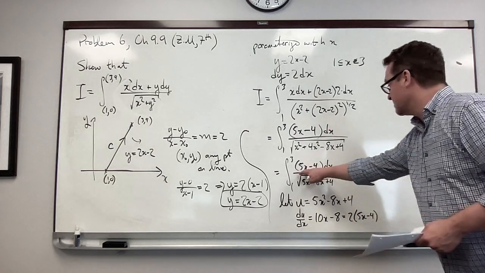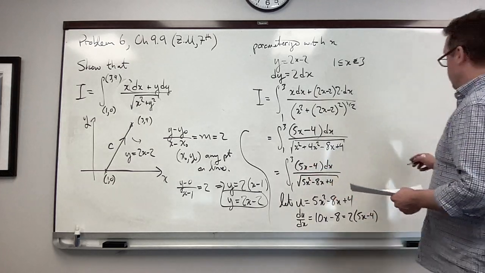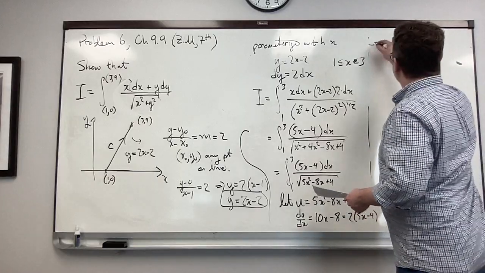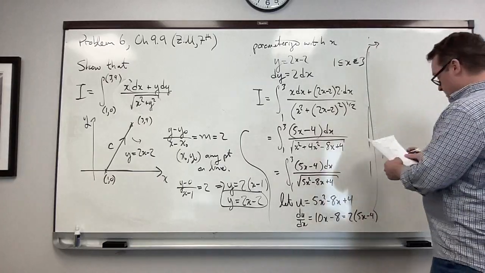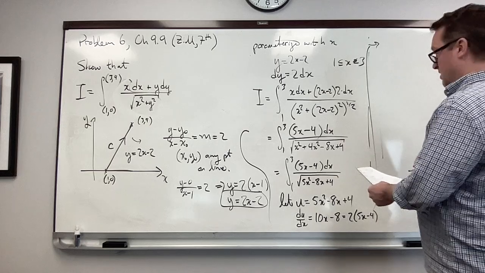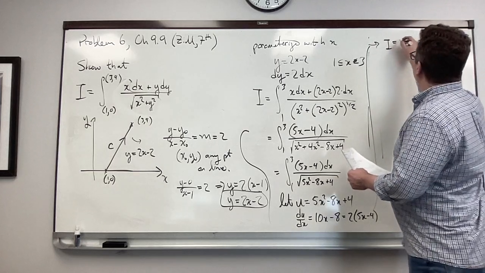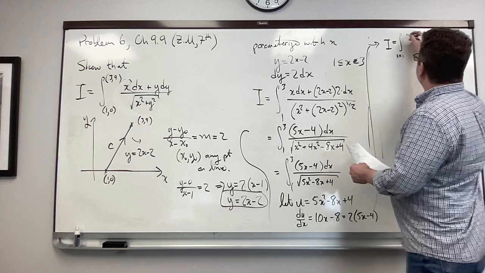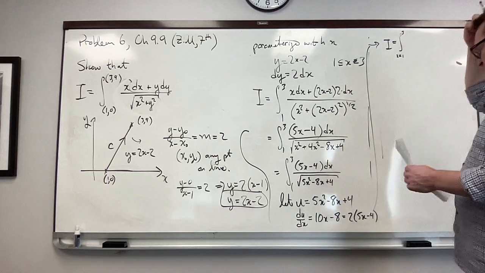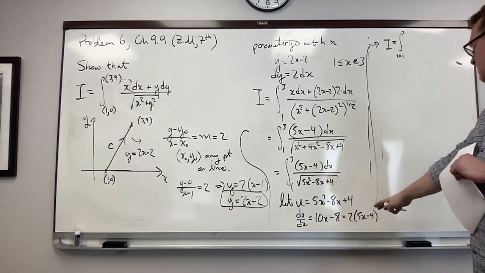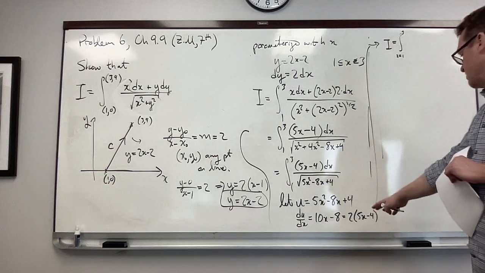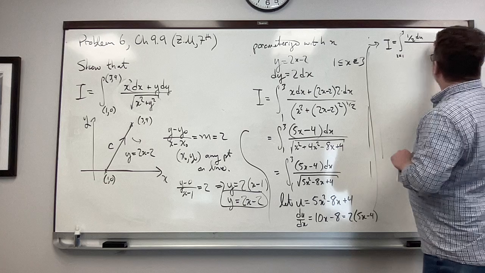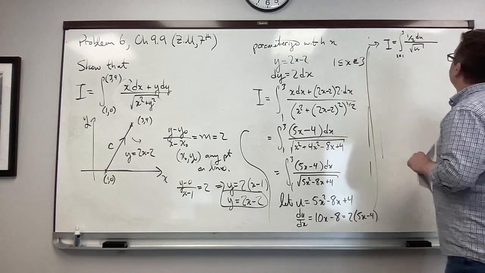And that is the numerator. Okay. So this whole thing, if I go back up to the top here, I equals the integral, x from 1 to 3, and then I've got du over 2, so that's 1 over 2 du over square root of u.